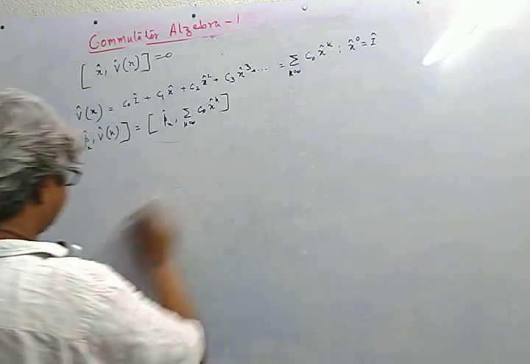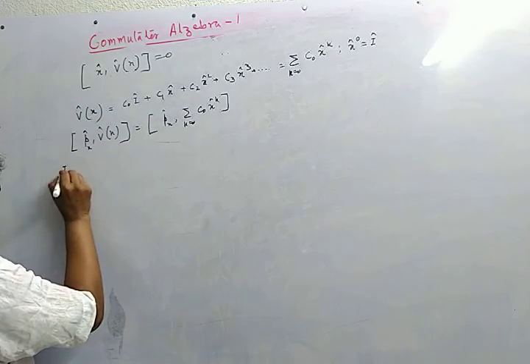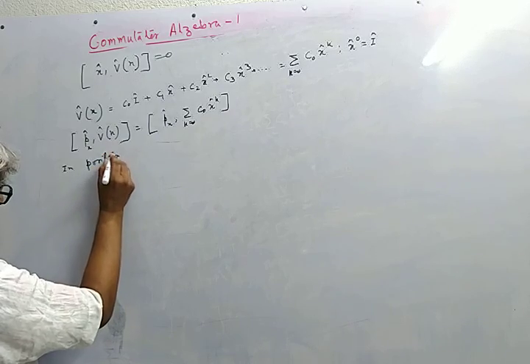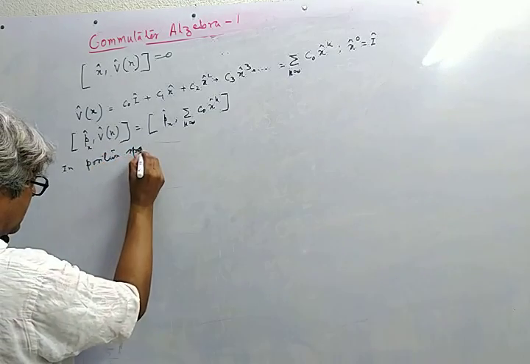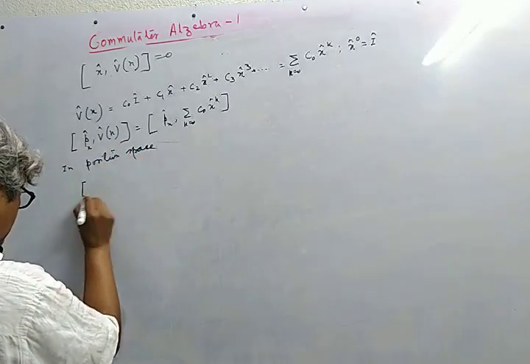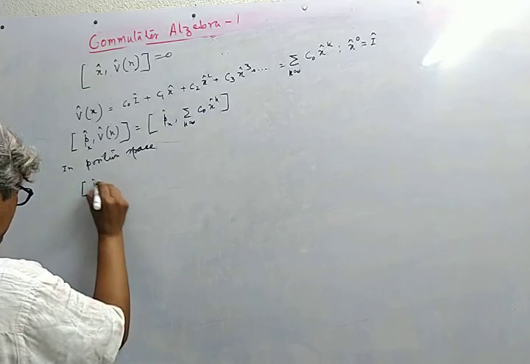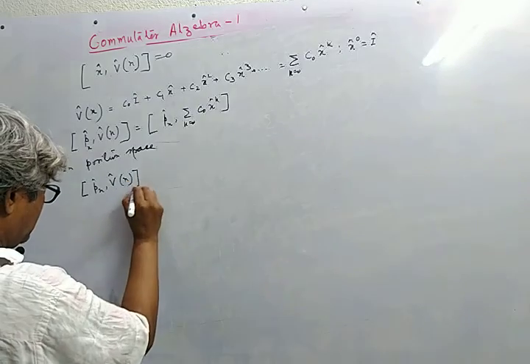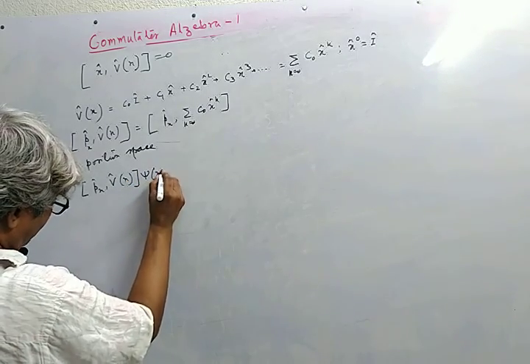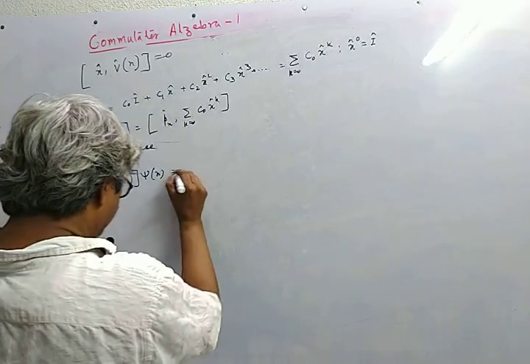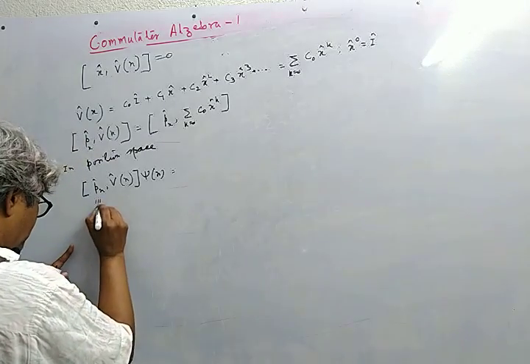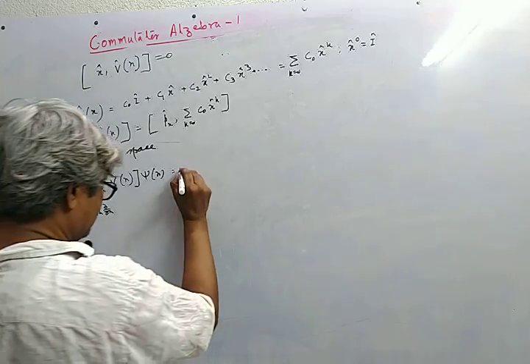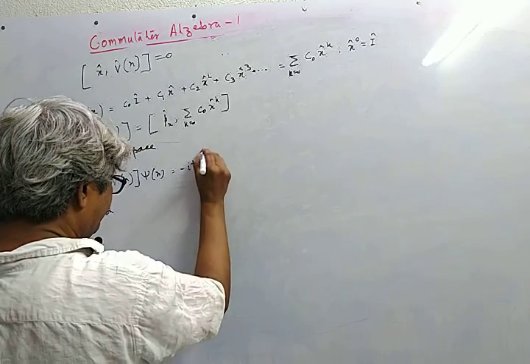In position space we write the commutator acting on psi of x, a one-dimensional problem. So this is equal to minus i h cross del x, with minus i h cross taken out.